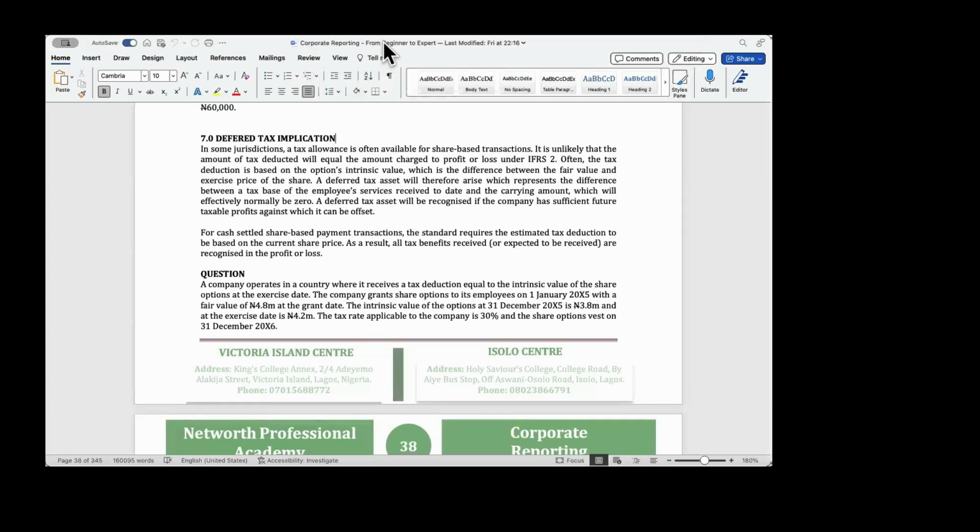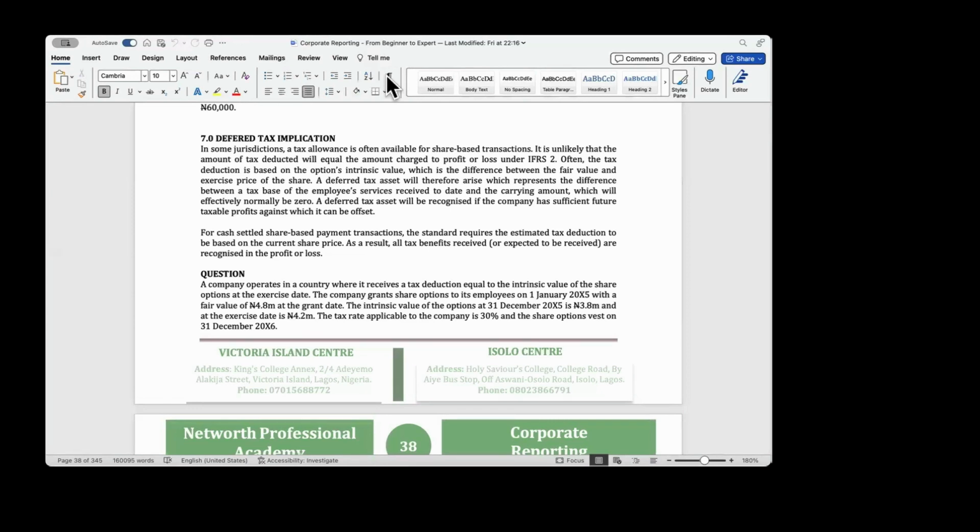And since your carrying amount is always going to be zero, it makes it very straightforward. So in all cases, to calculate deferred tax for share-based payment transactions, we need to get our difference, and I have been shouting, the carrying amount is always going to be zero, because IAS 12 didn't talk about the carrying amount of an equity, so it's always going to be zero.